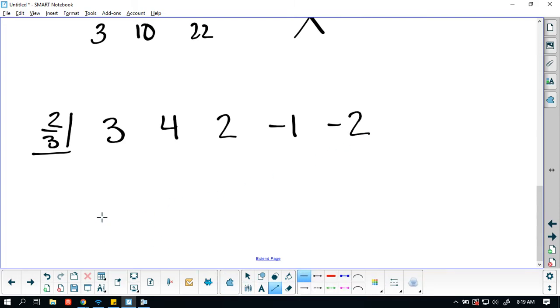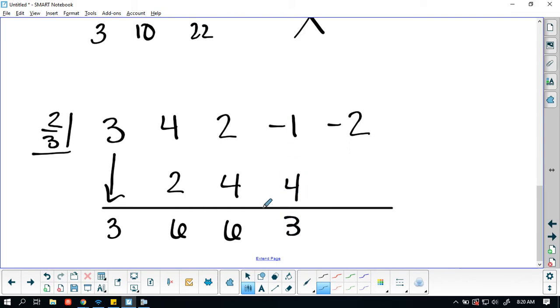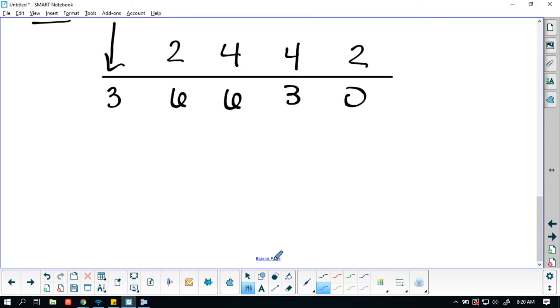And let's say we went through this whole thing. 3 comes down. It's going to be 2, 6, 4, 6, 4, 3, 2, 0. All right, so now we know that 2/3 is one of our solutions.